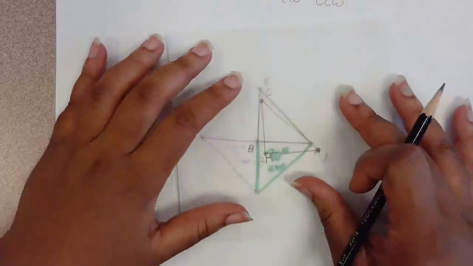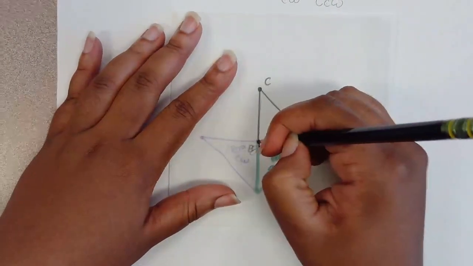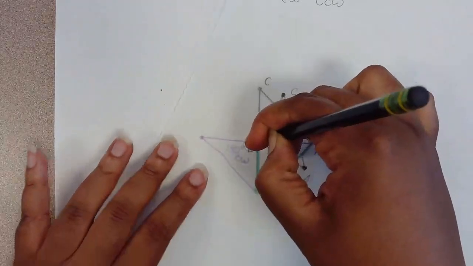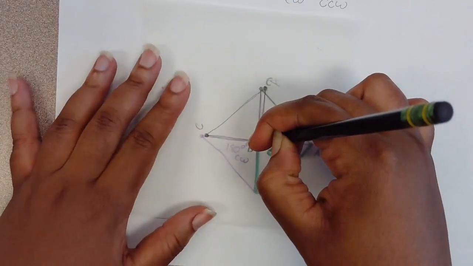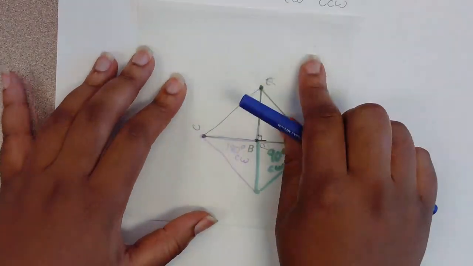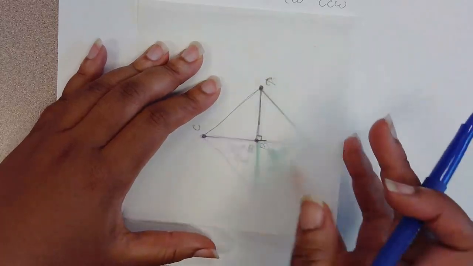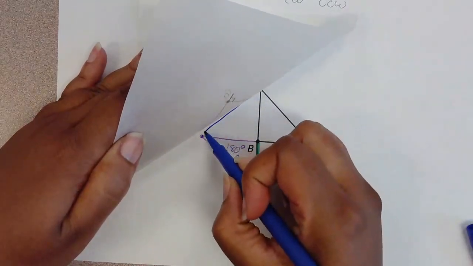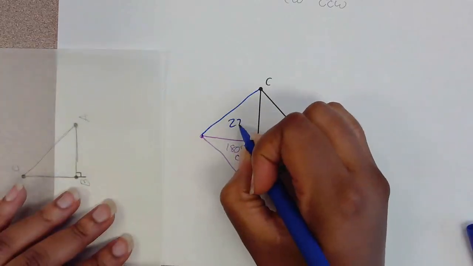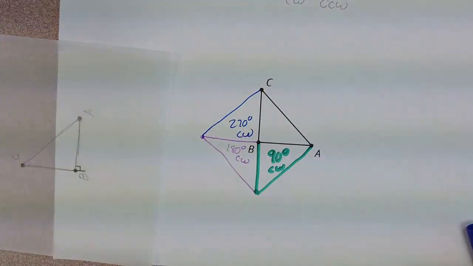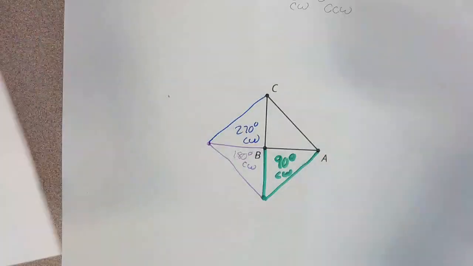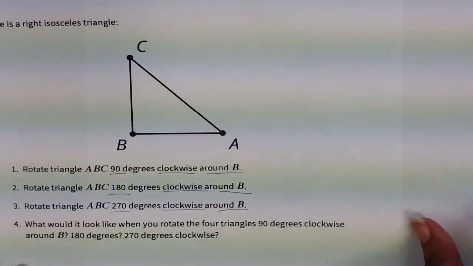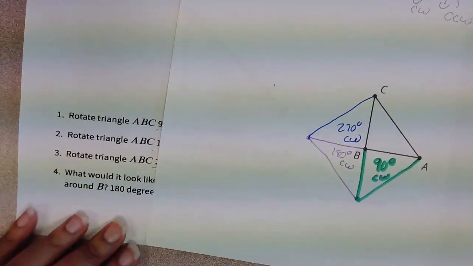So I'm going to line up again with my original shape, pencil on point B. I'm going to rotate it 1 set, 2 sets, and now my third set of 90 degrees. And so there is what it looks like when I rotate my shape according to what questions 1, 2, and 3 ask me to do.